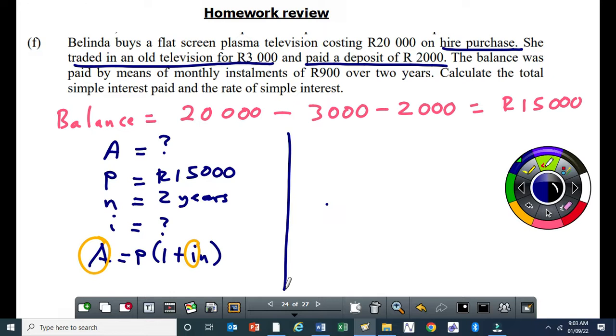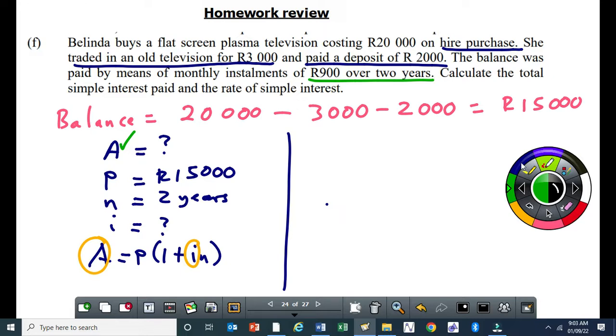It's important for you to know that this A, you can find it if you are given the monthly installment. Remember, the A includes the amount which was borrowed plus the interest which accumulated. So if she paid 900 every month for 2 years, it means it will be 900 times 24 months.